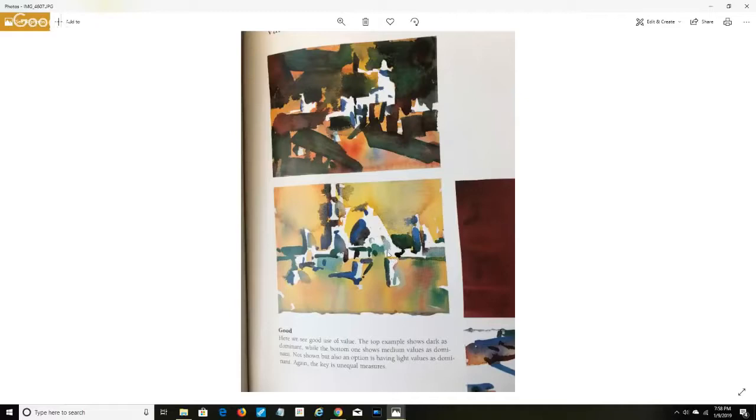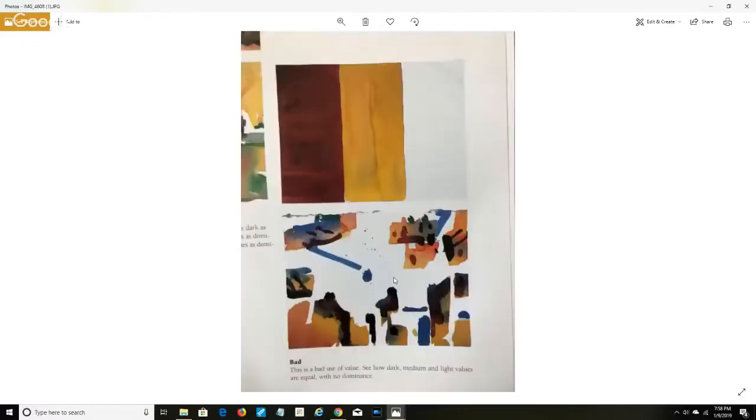But the mid-tone dominates over the white, the light. And if you're doing a picture with one value, the proportion of the one value over the other end of the extreme in your picture should be that 60-40 roughly relationship.